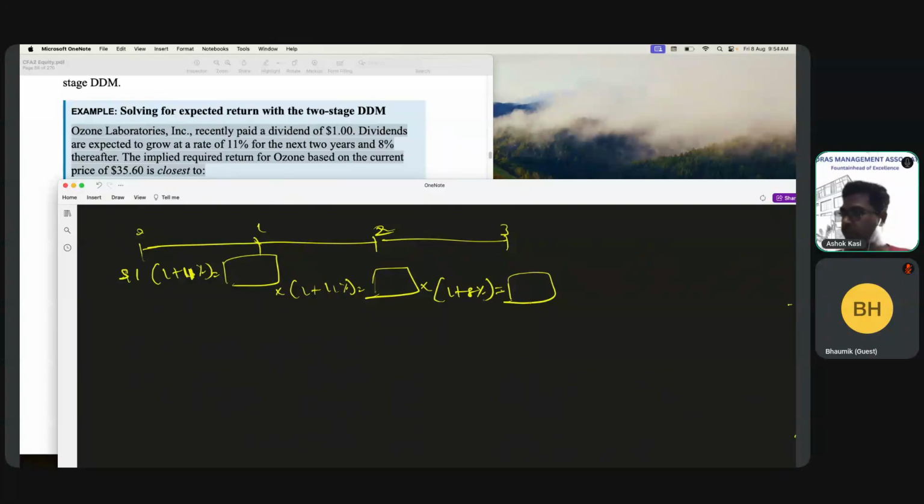You will get the cash flows. Then you can use the CF function. The CF function you cannot use here because R. No, you can find out IRR. So here you keep the present value as 35.60, minus, and key in other numbers and find out IRR.